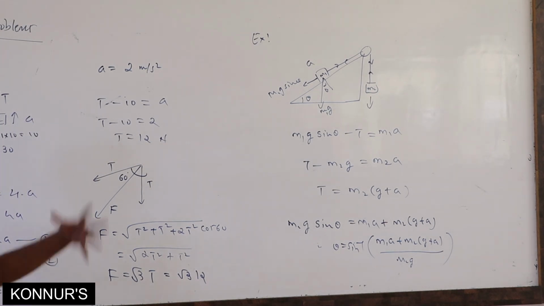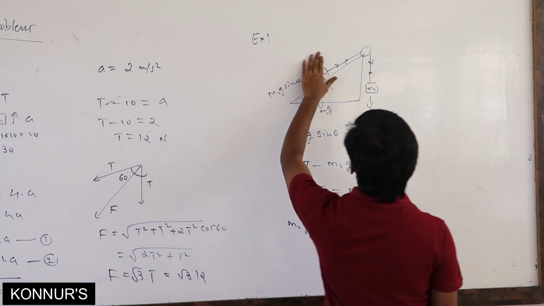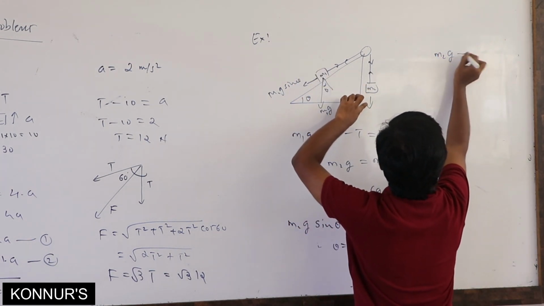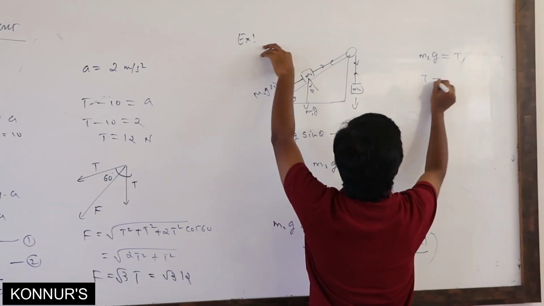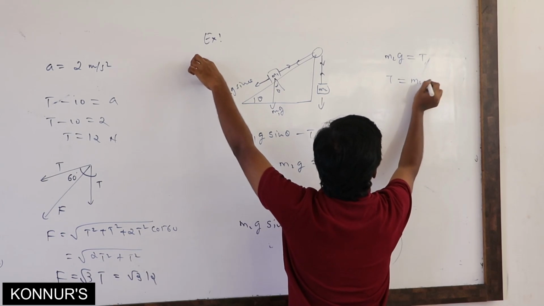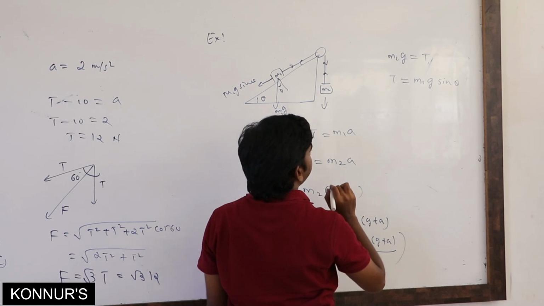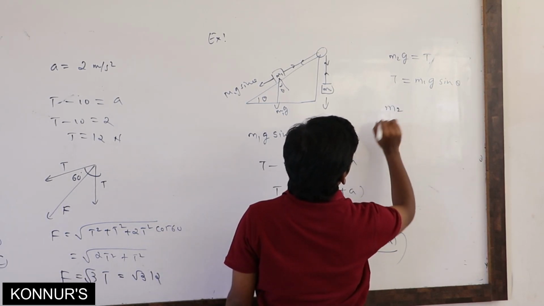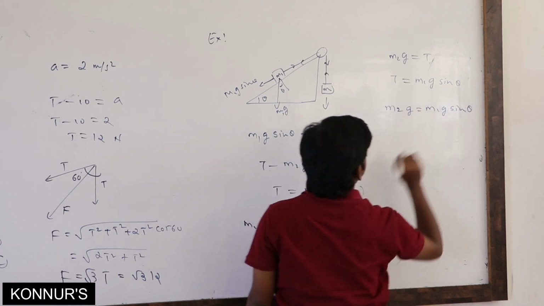Suppose you consider they are in equilibrium, if they are not moving, then it will become very easy. If there is no acceleration, what will happen? So m2 g equals T. Similarly here T equals m1 g sin theta. So we will get m2 g equals m1 g sin theta.